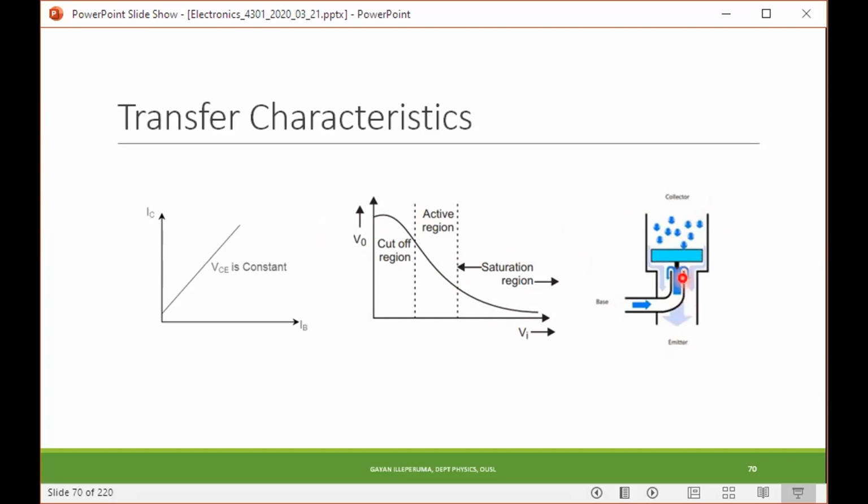The potential difference is low. That means VCE is very low. But when you are at the cutoff region, there's no current flowing through it. It's like an open switch. So the potential difference is very high across these two terminals. Right? That's why you have this kind of curve as the transfer characteristic.